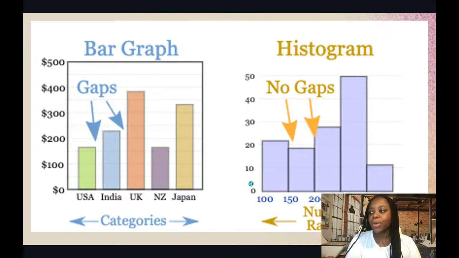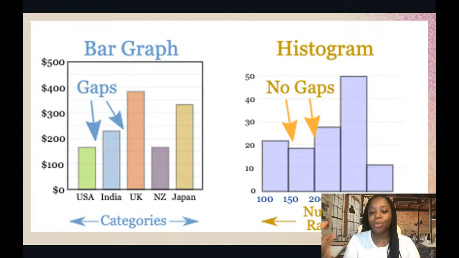So these numbers here are going to represent frequencies. That's something that is unique to histograms versus the bar graph, where it's just going to be numbers. So if you are looking at a graph and they have frequencies on that y-axis, it is safe to say that you are looking at a histogram. And you're going to know that because it's going to be stuck together. So that's going to be another hint for you to know that, okay?